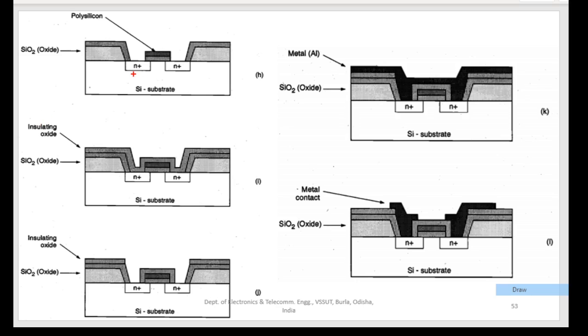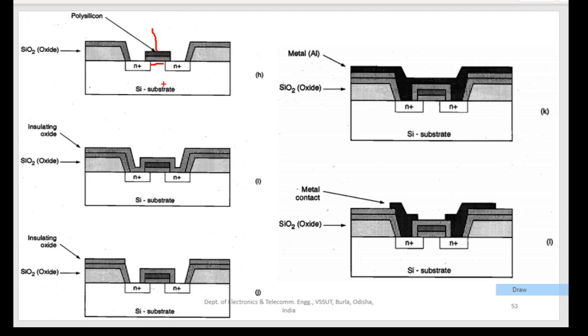So now two n plus regions are formed here. One will act as the source of the NMOS and one will act as the drain of the NMOS. And this is the channel that will link the source and drain, and this will act as the gate between source and drain of the NMOS, right?